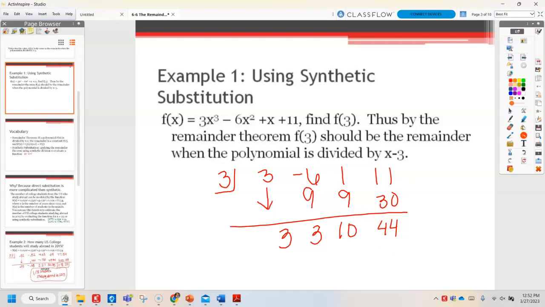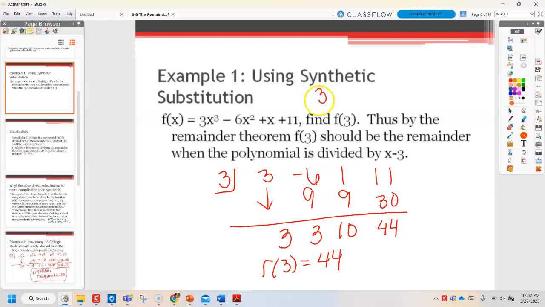So what that means is that f of 3 is 44. So instead of having to take 3 and plug it in every time, you can now do synthetic.